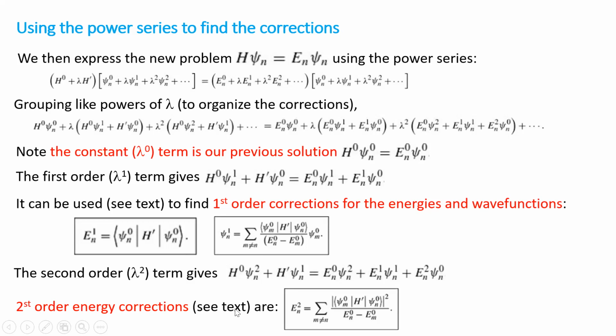Again, see the text for the derivation if you're interested. But they are the second order corrections to the energies, En2, similar to the first order corrections to the wave functions, in that we have a sum for m not equal to n. But notice a couple of differences.